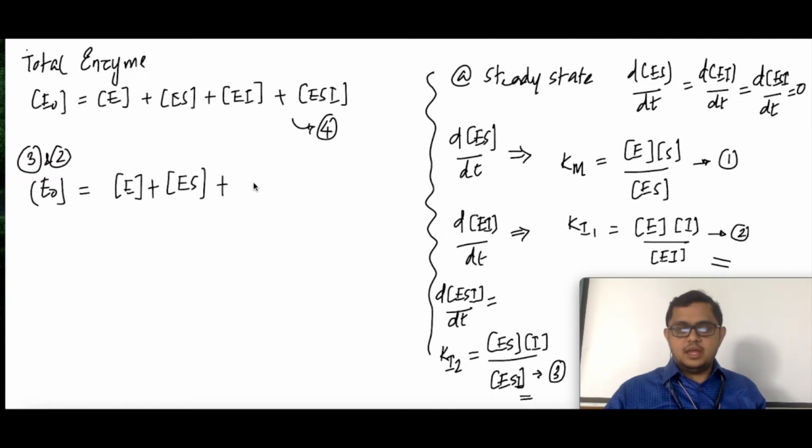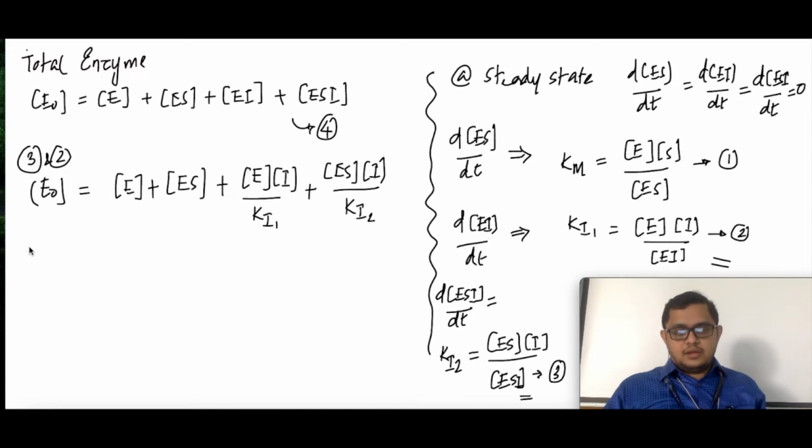Now instead of EI, I am going to substitute E into I by Ki1. Similarly, if I substitute ESI with the help of equation number 3, this becomes ES into I by Ki2.